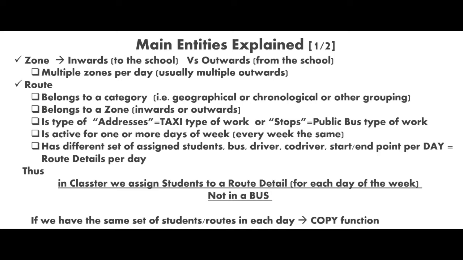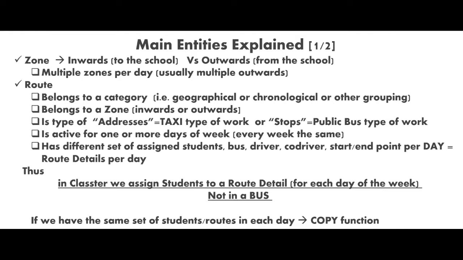So we have a route, which is what we call a route header in Classter, that describes a specific route that we have on the map. And this route is maybe done every day, so Monday, Tuesday, Wednesday. Now, the set of students in each day may be the same, but it may be different.